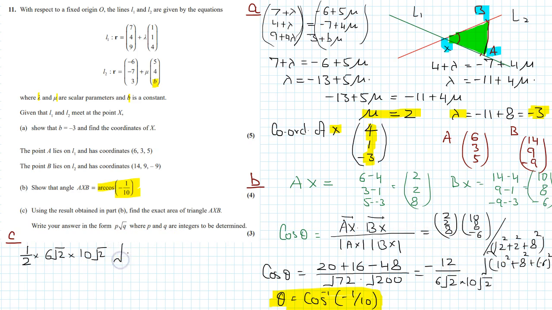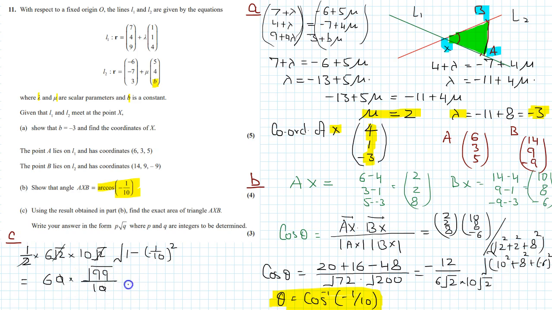So root of 1 minus cos square theta, 1 over 10 square. So this is equal to, root 2 times root 2 cancels, this one is 60, multiplied by root of 1 minus 1 over 100, so root 99 over 10.